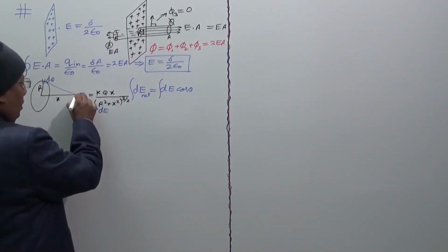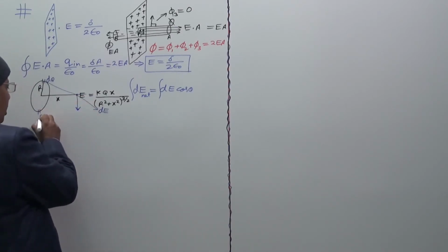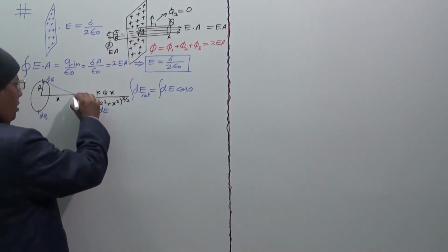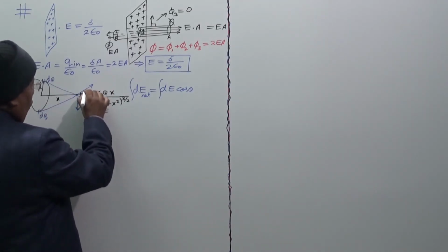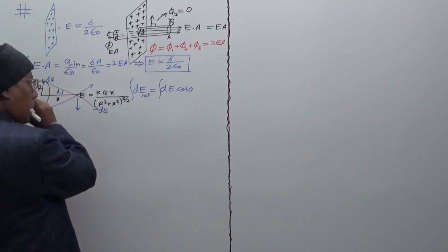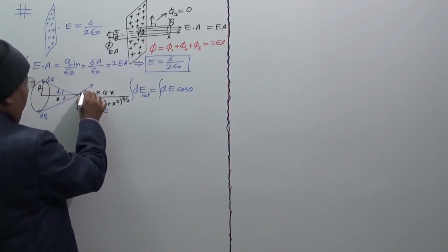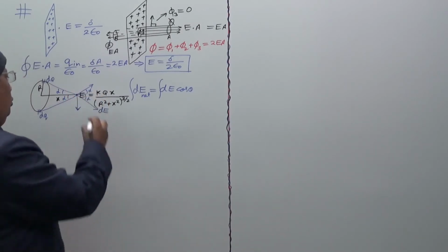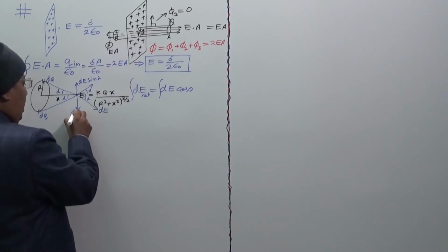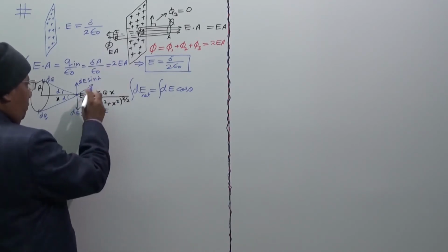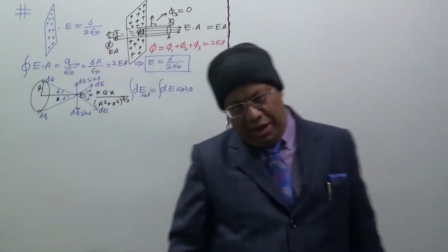And the perpendicular component will cancel out by the small segment dq which has electric field in this direction. So if this angle is alpha, then this must be alpha, and due to symmetry it is again alpha. So dE sin alpha and dE sin alpha both will cancel out each other, and only dE cos theta remains. Okay.